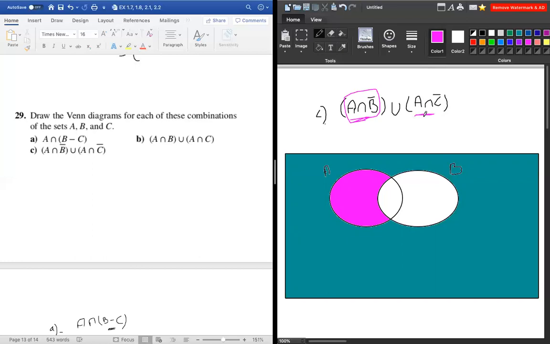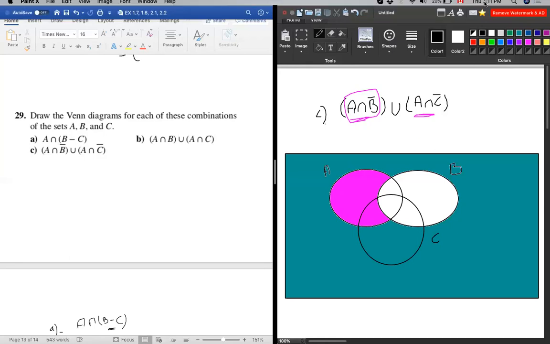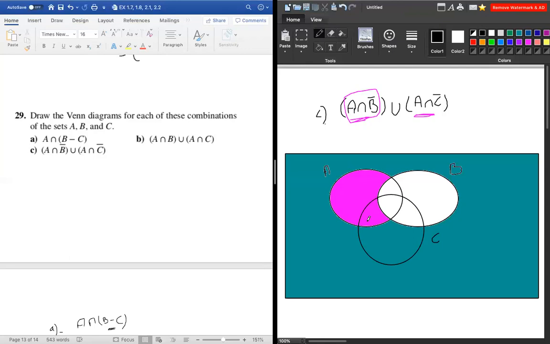Now let's solve A intersection C complement. Here, let's include C in the shapes as well. Let's use black. So we have this as C. Now we have A and then C. If I have to represent C complement, that is everything outside of this circle C, right?